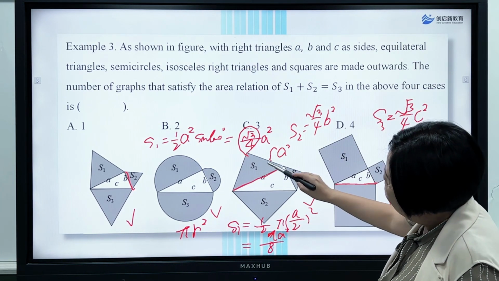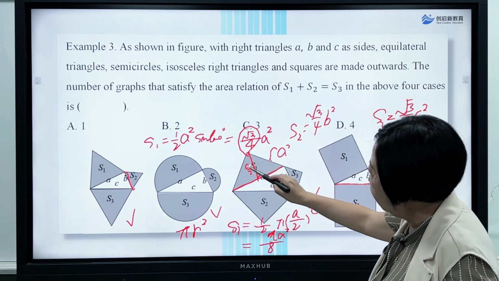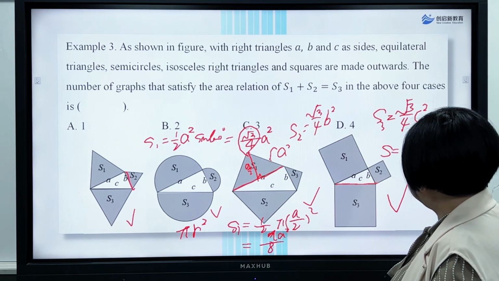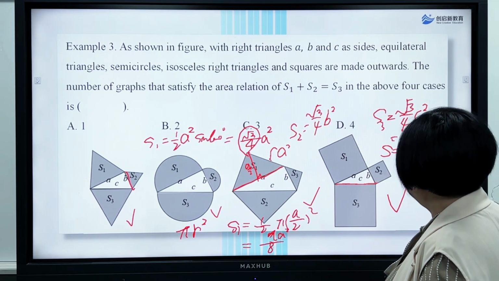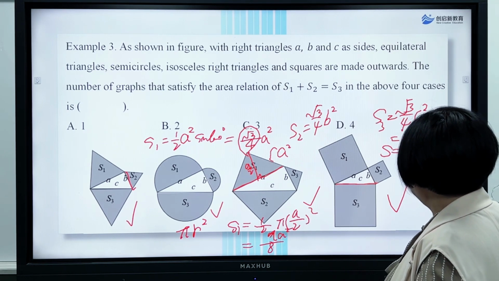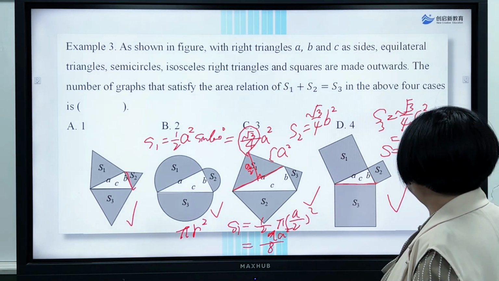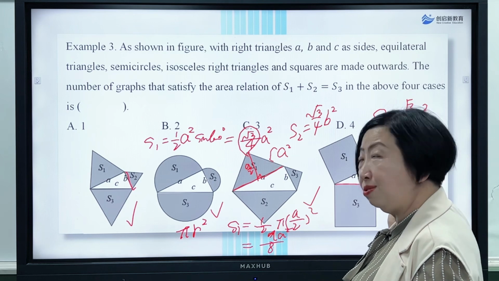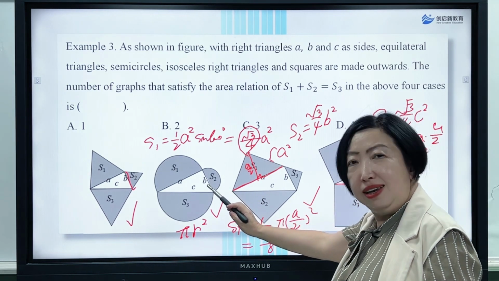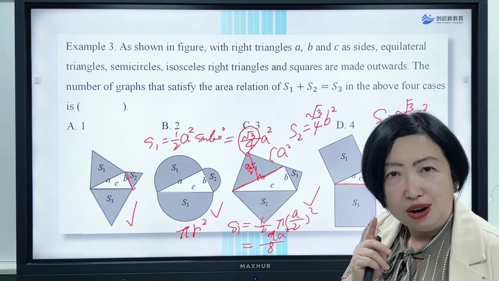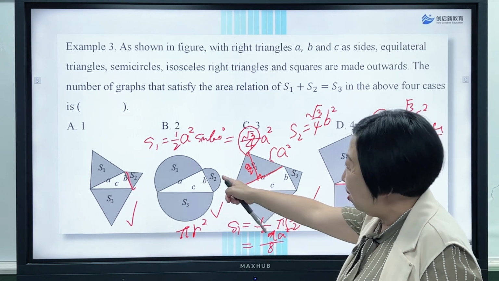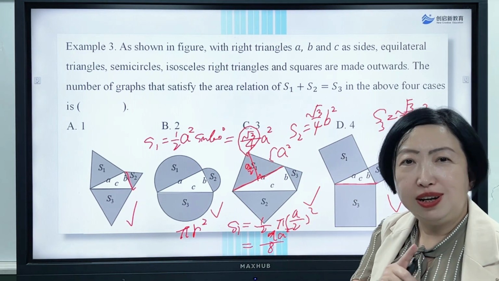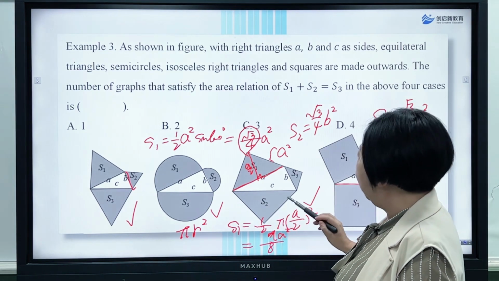Here, for the triangle, the height is half A. So the area is half A times half A, one quarter of the square of A. Of course, here S2 equals one quarter of the square of B, and S3 equals one quarter of the square of C. Here is okay.